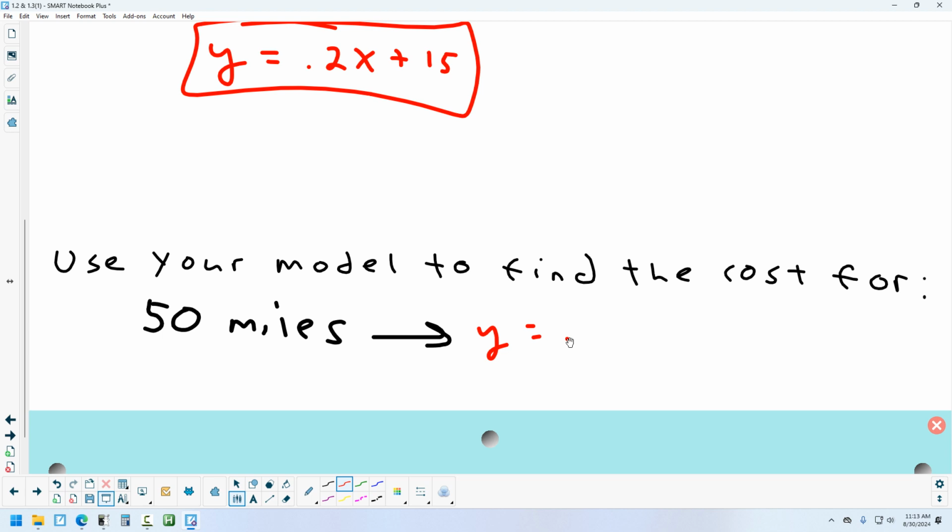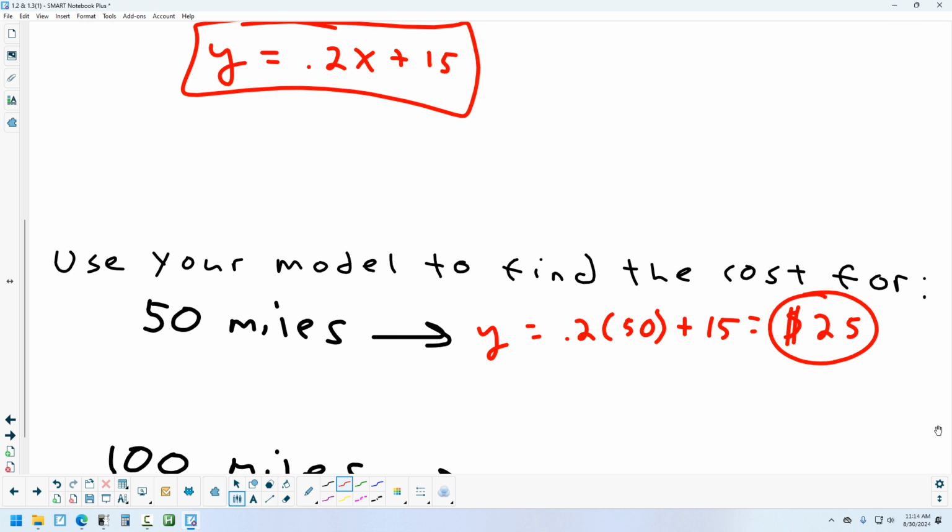So cost is 0.2 times 50 plus 15. 0.2, if you think of it as a fraction, that's 1/5. So what's 1/5 of 50? 10, and then plus 15 is 25, which should be my label on that. Yeah, dollars, good. It'd be really nice if renting a car cost that much.